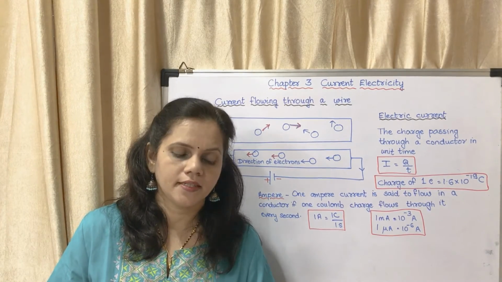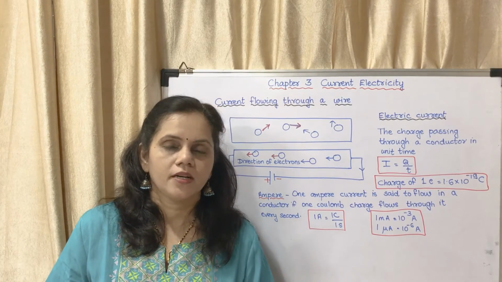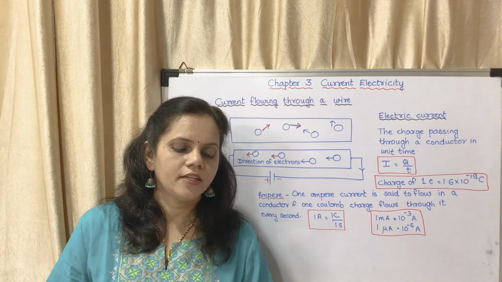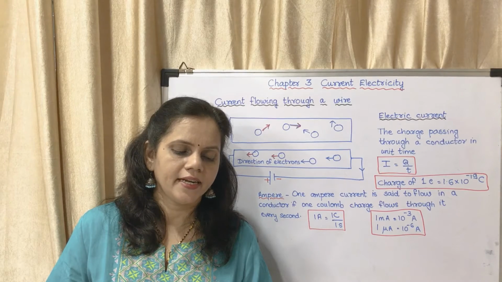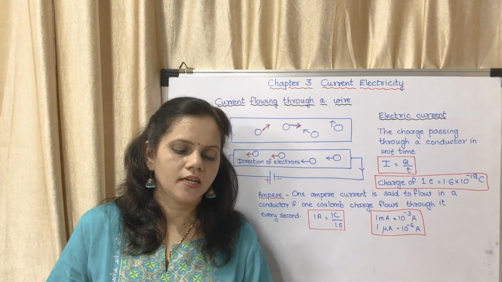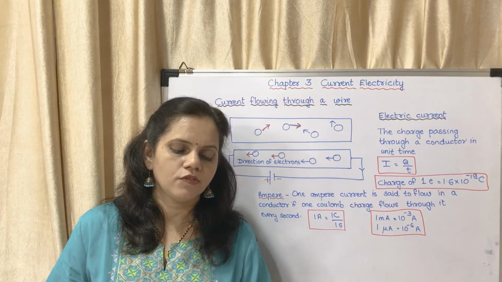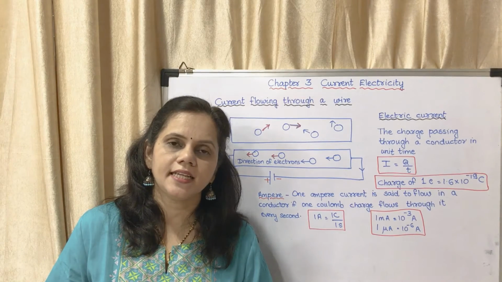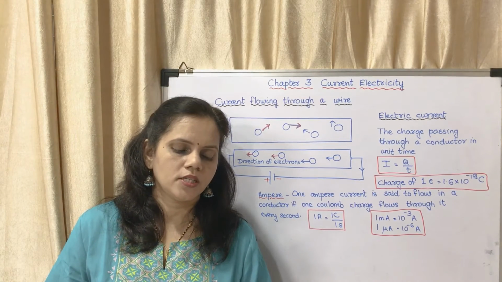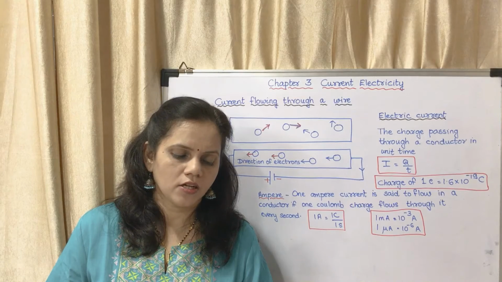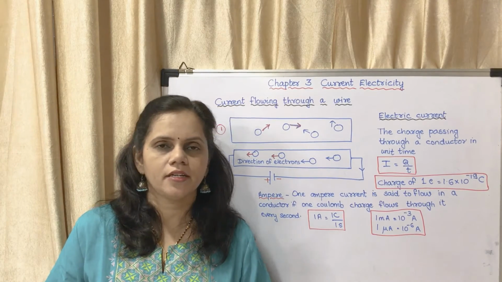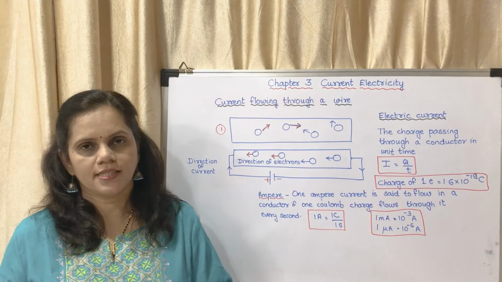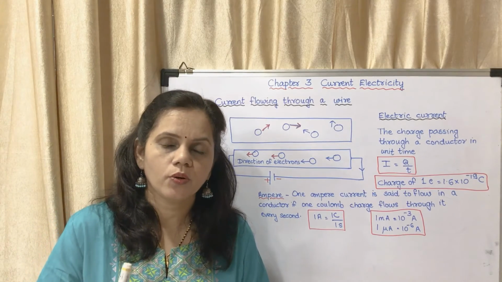On page number 33, there is a green box, you may see. Even though electrons move from the negative end to the positive end, conventionally the direction of current flow is taken to be opposite to the direction of flow of electrons, that is, positive end to the negative end of the cell. Now why is it so?